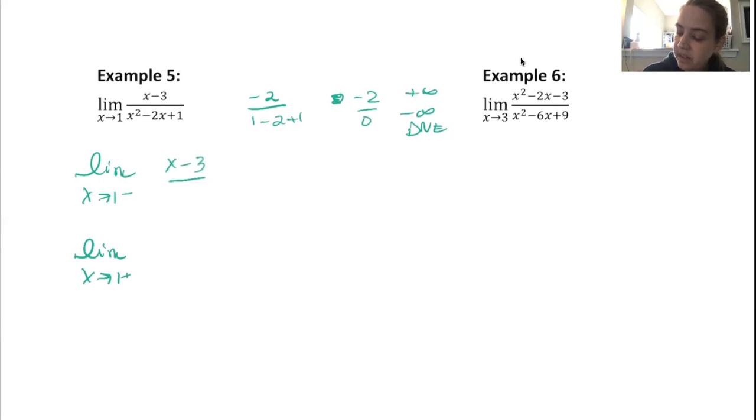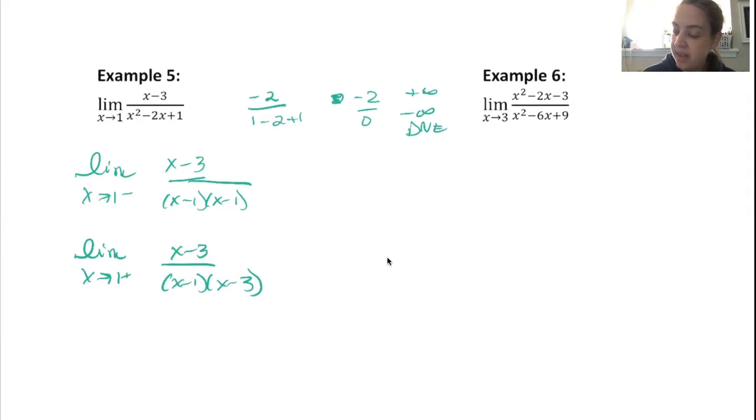Does this one factor? Yes, it does. All right, so if I choose a number to the left of 1, I'm thinking 1.9.